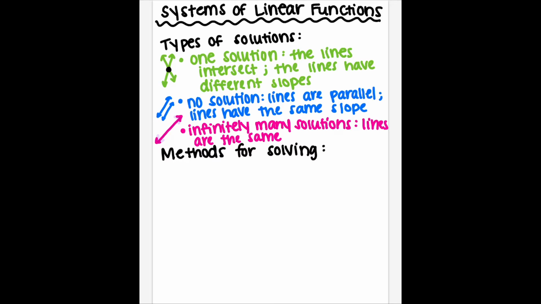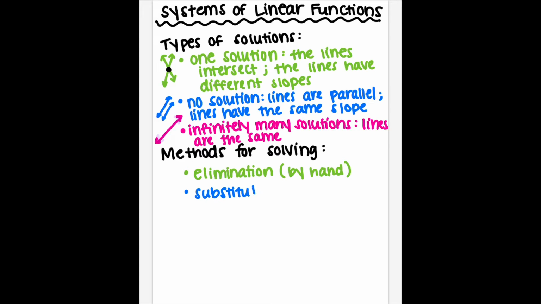There are three methods to solving a system of equations. The first two ways we'll talk about are by hand. So you can solve a system by elimination, and you would only need to do that if you are working by hand, meaning you do not have access to Desmos or a calculator.